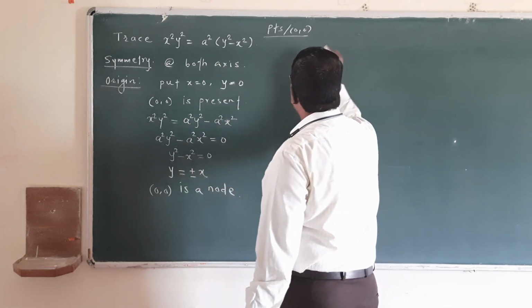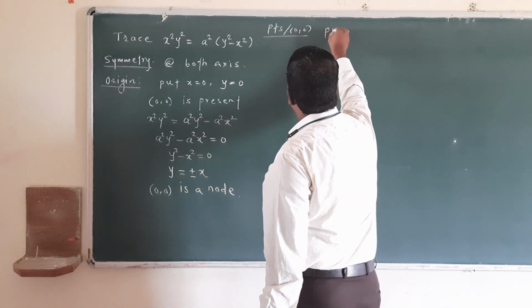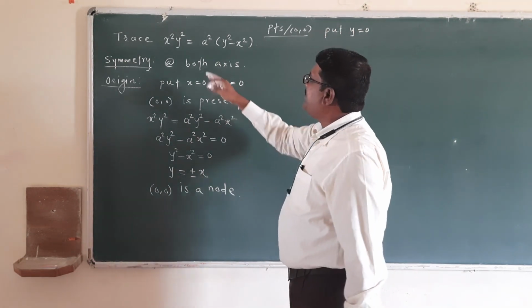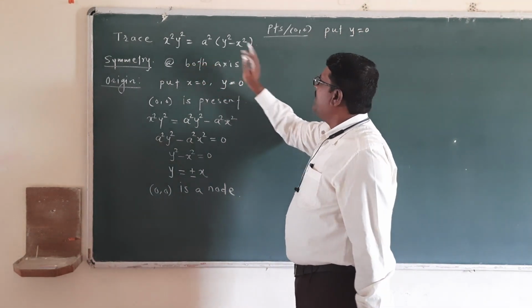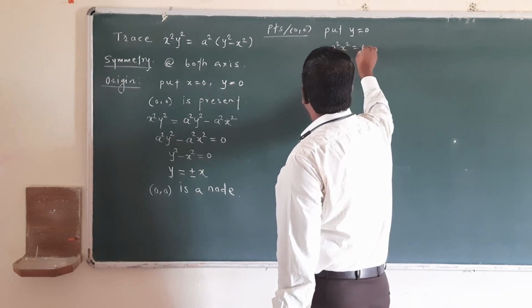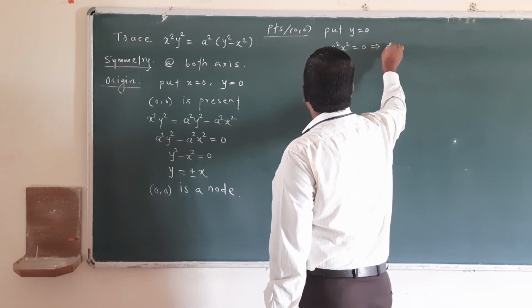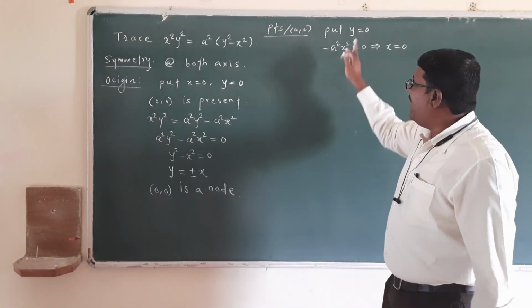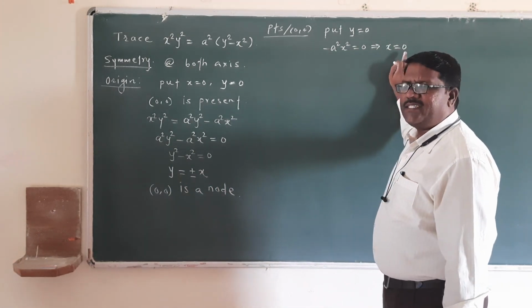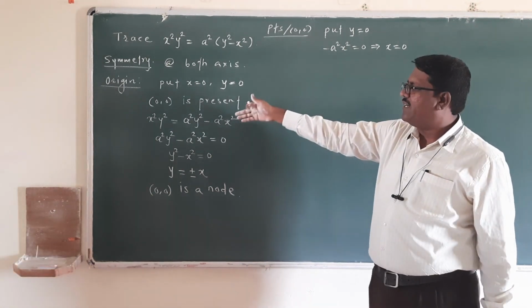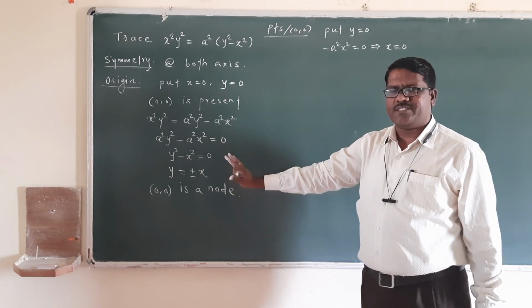To get the point on x-axis, put y is equal to 0, and when y is 0, LHS is 0 and RHS is minus a square x square, which implies x is equal to 0. It means for y 0 we got x 0, so this is nothing but origin, and we have already calculated the equation of tangent at origin.